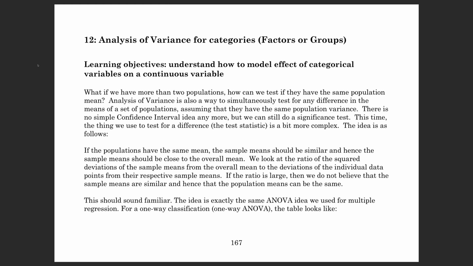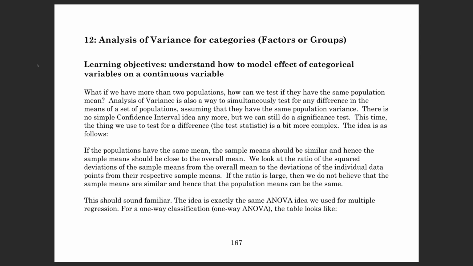So this time, the thing we use to test for the difference, in other words, our test statistic, needs to be a bit more complex. So the idea is as follows. If the populations do really have the same mean, then the sample means should be similar, and hence the sample mean should be close to the overall mean.